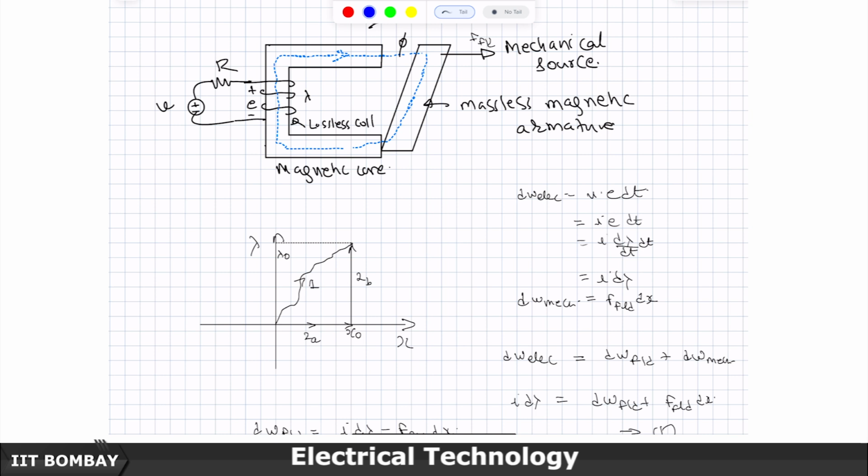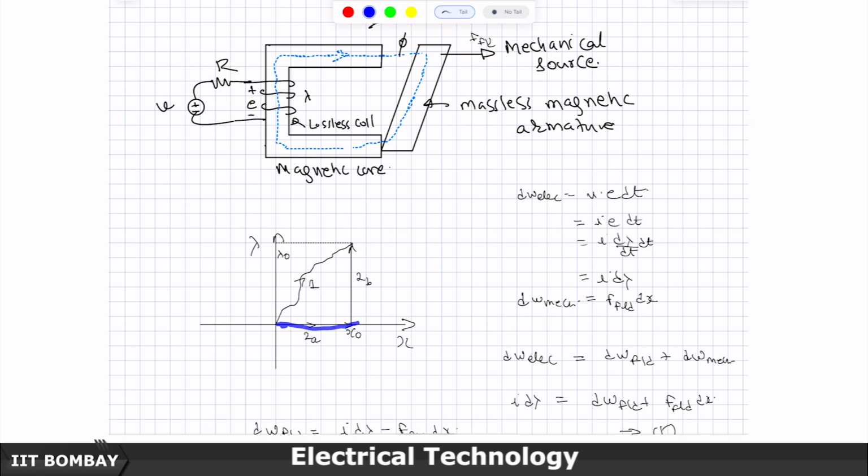So, I want to set up this system to an equilibrium, or rather a point which corresponds to x naught, lambda naught. Now, I can reach this many ways.